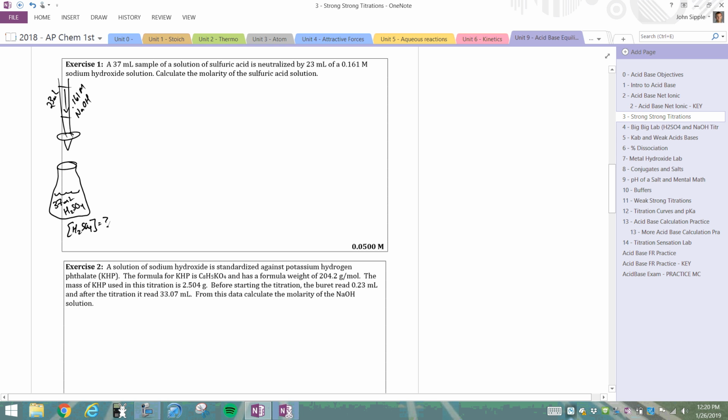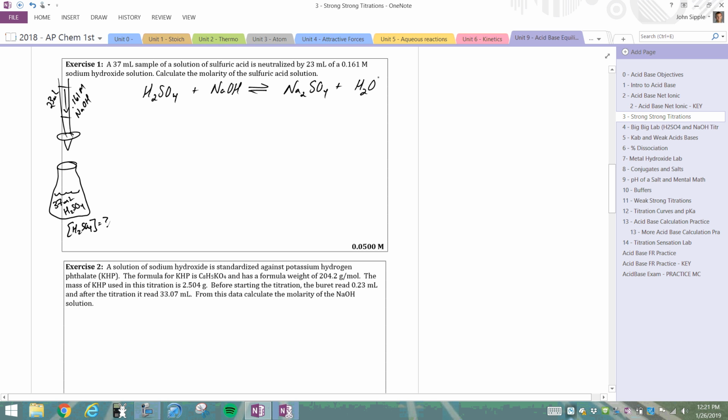So let's write a balanced equation for this reaction. We've got H2SO4 and sodium hydroxide going to sodium sulfate and H2O.